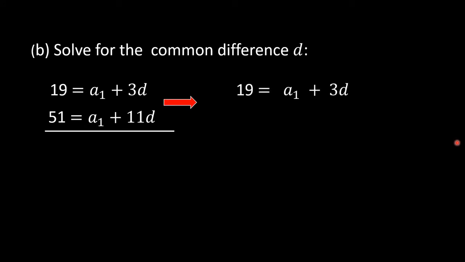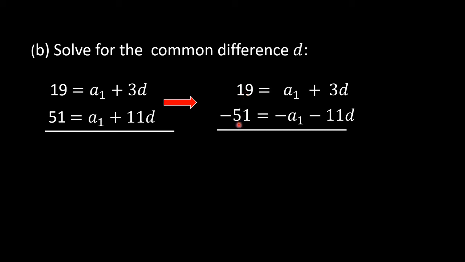So 19 is equal to a sub 1 plus 3d. Negative 51 is equal to negative a sub 1 negative 11d. So positive 51 became negative 51, a sub 1 became negative a sub 1, and positive 11d became negative 11d because we multiplied the left side and the right side of this equation by negative 1.